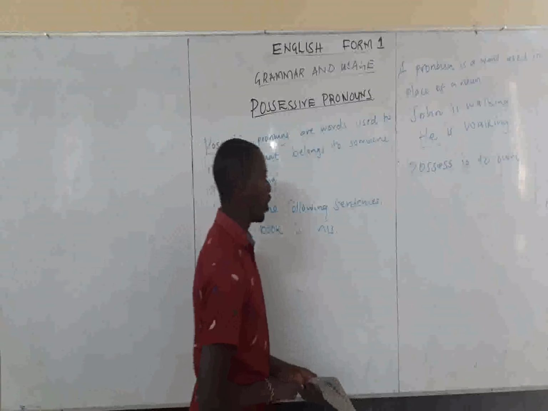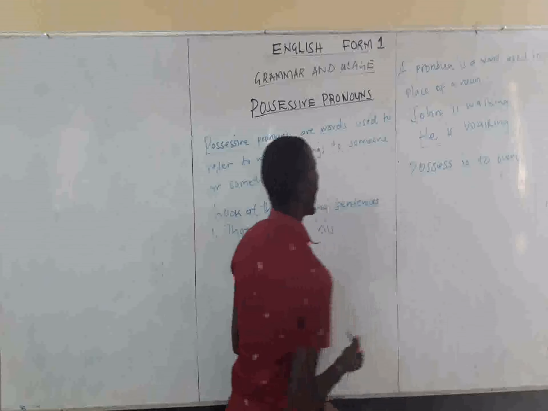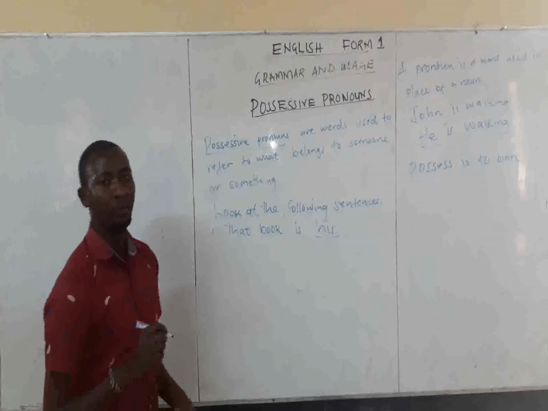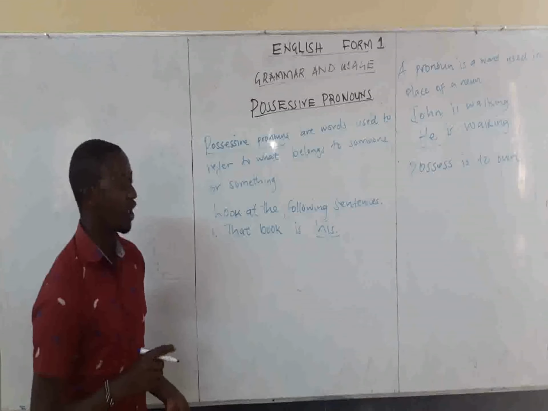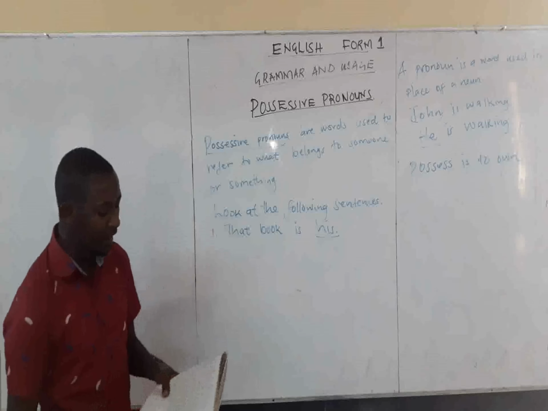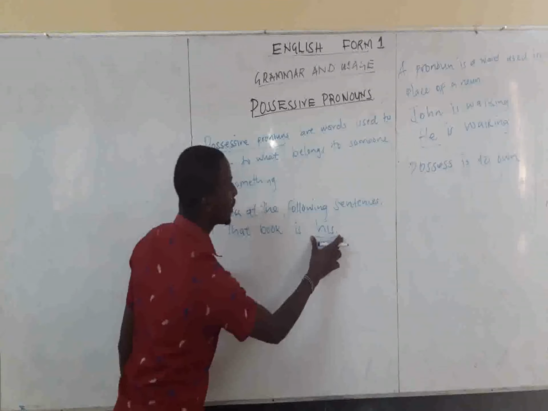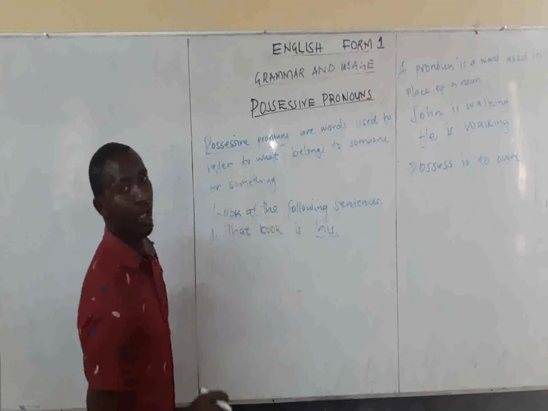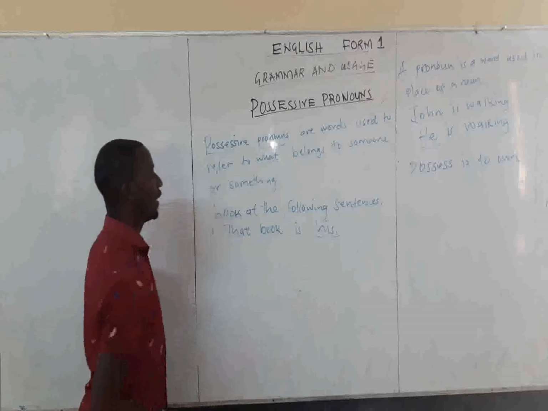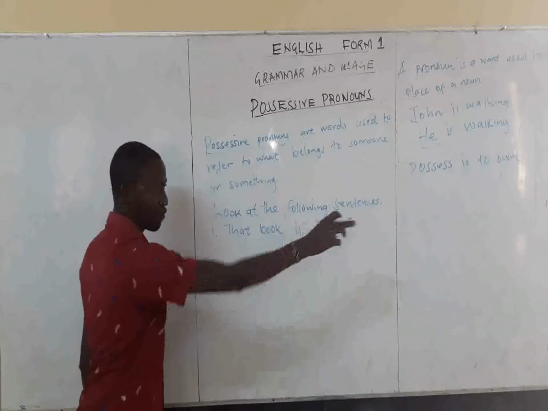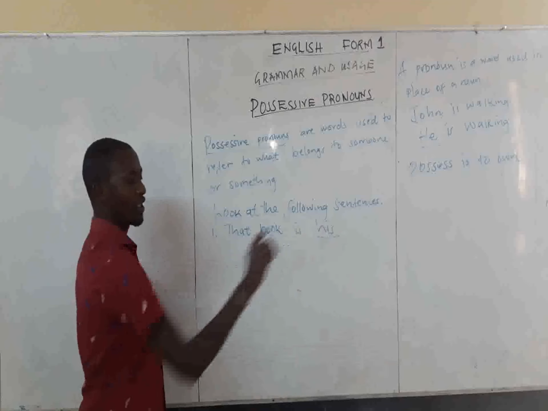Who could be John, like we said earlier. So his is simply our possessive pronoun. That book is his. This word his is a pronoun, but this pronoun here is showing possession. Who owns that book?